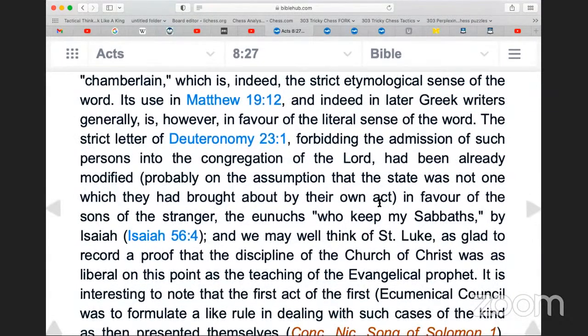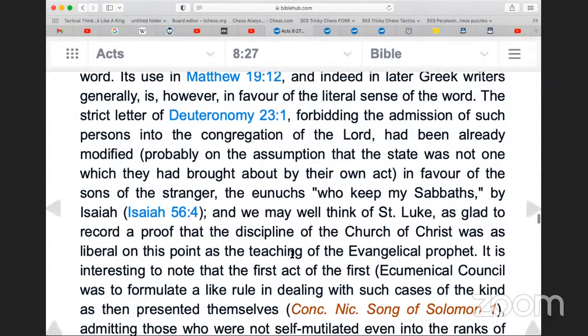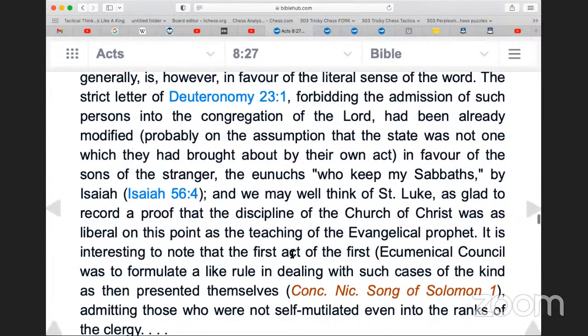And we may well think of St. Luke as glad. So now this is scholars connecting these dots. So this scholar doesn't know that the Ethiopians were actually Israelites. It's just stupid, man. Glad to record proof that the disciple of the Church of Christ was as liberal on this point as the teaching of the evangelical prophet.